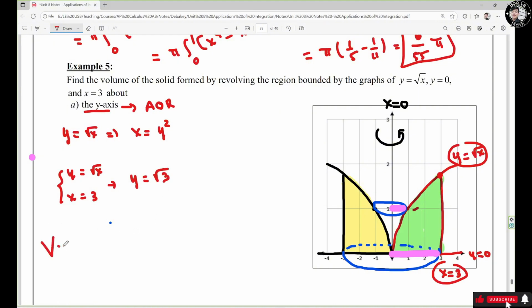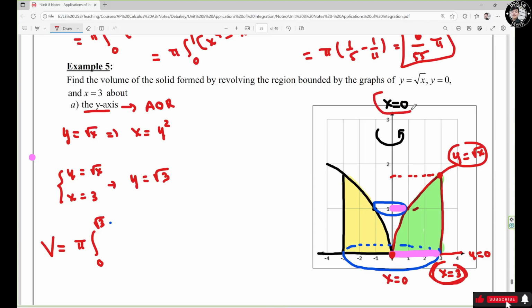So the volume is pi times the integral from 0 to root 3 of the bigger radius, which is the pink one right here. It's going to be s right subtract s left. S right is s equals 3, s left is s equals 0.